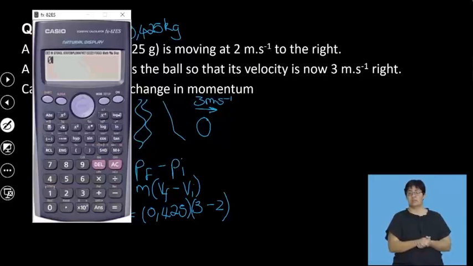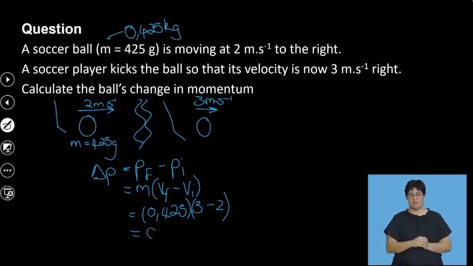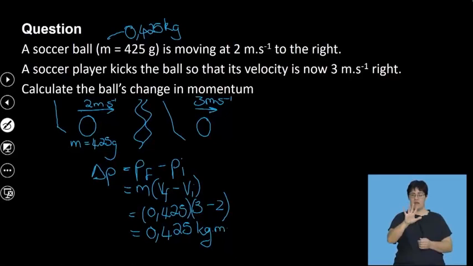We've got 0.425 times, there's my bracket, 3 minus 2. Not allowed to have a fraction, must convert it. Oh, look, 0.425. So we get a positive answer of 0.425 kilogram meters per second.